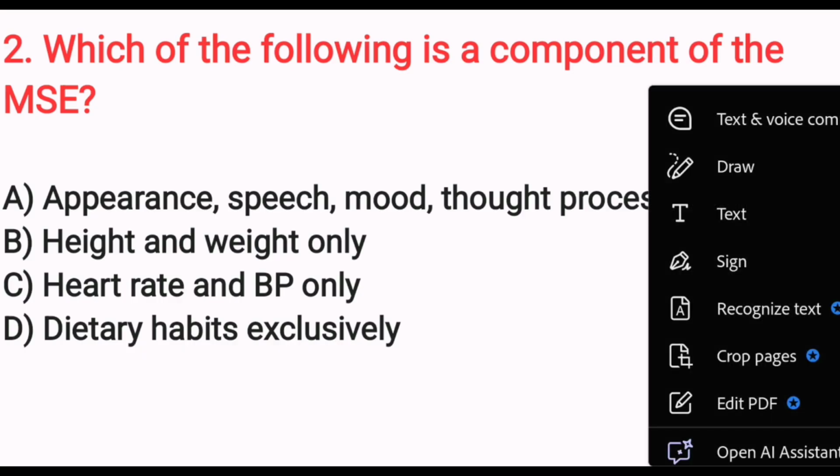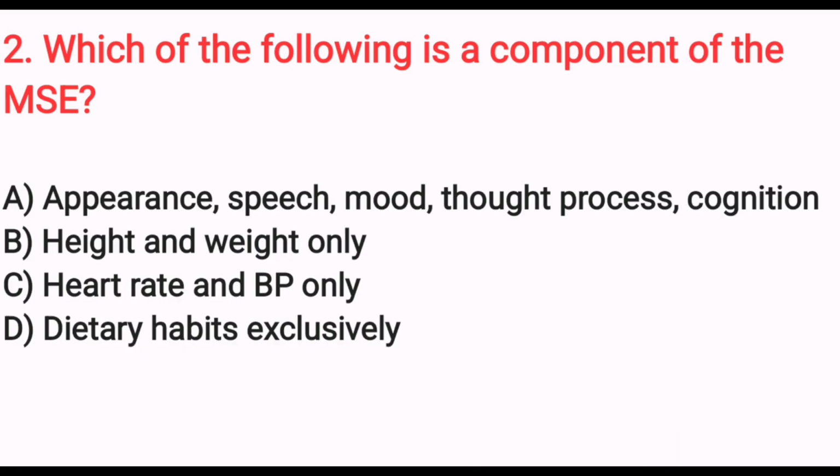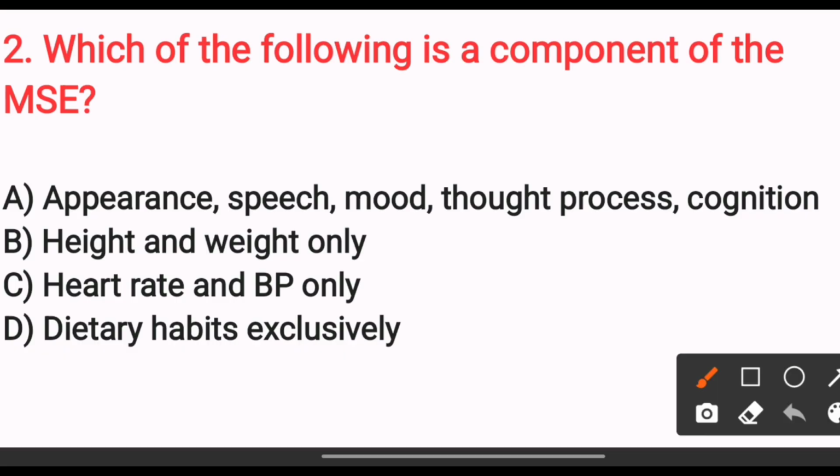Option D, dietary habits exclusively. The answer is option A, appearance, speech, mood, thought process and cognition. MSE evaluates the appearance, behavior, speech, mood, thoughts and perception, cognition, insight and judgment also.